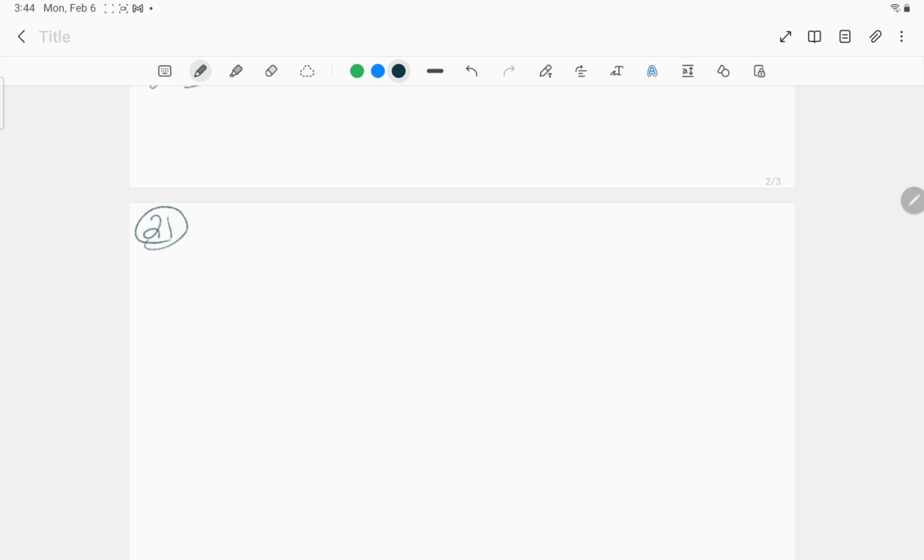Okay, so number 21, I have the cubed root of 54 plus the cubed root of 128 plus the cubed root of 250. Okay? So now factors of 54 that are going to give me a perfect cube.